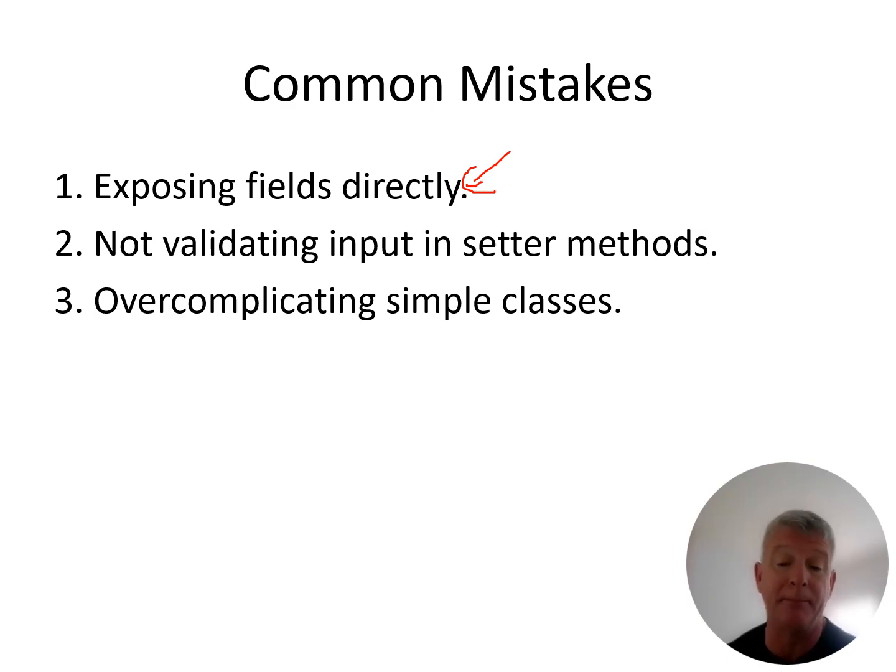Or I'm looking for a really bad setter method, and I just do it. If you don't validate the input in the setter method, then that's easy for me to make your software insecure. Not insecure like your software has feelings, but like, hey, this is not secure code. Okay? And then if you overcomplicate a simple class, it's just inefficient. Nobody likes that.